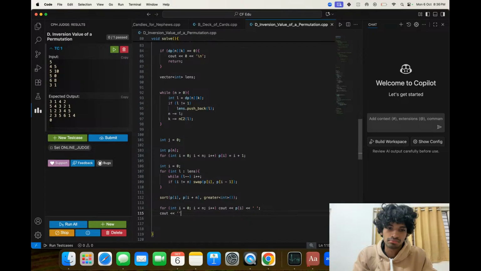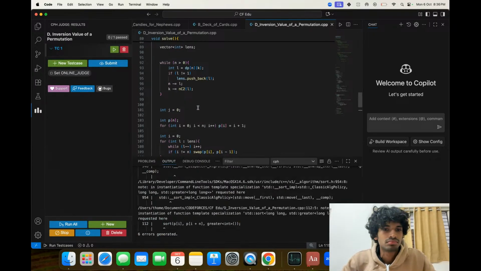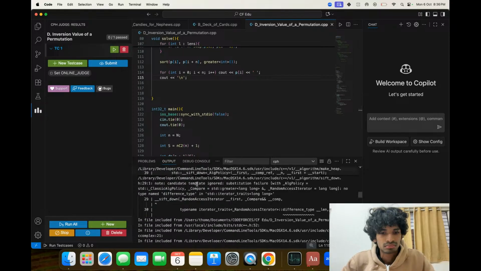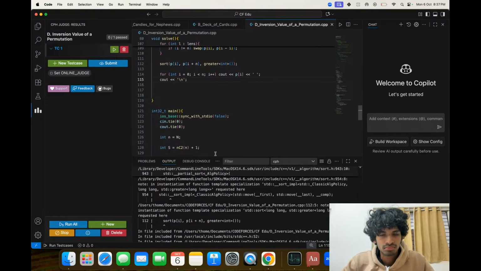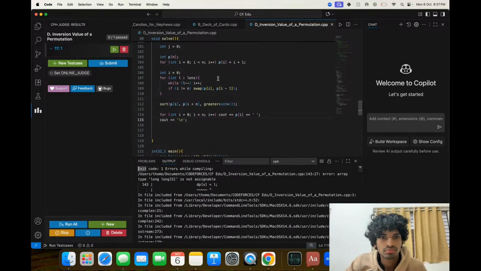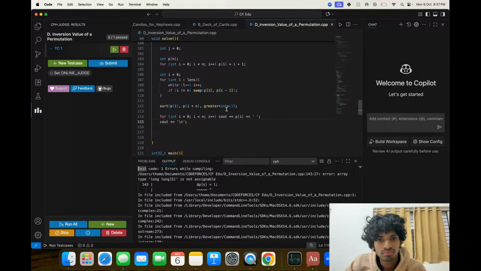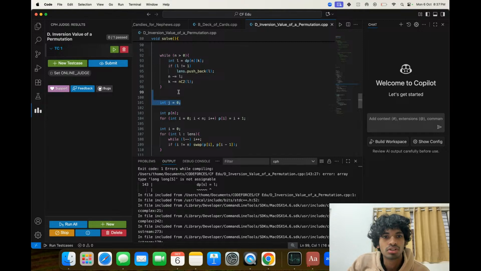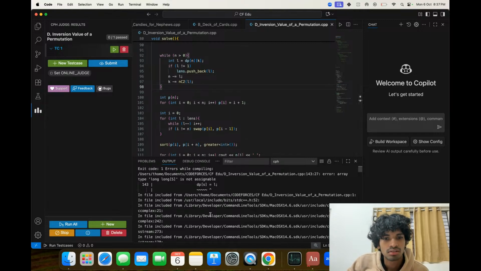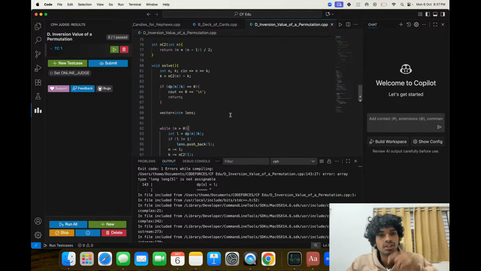I tried using more logic while I can. dp of s equals to l. Where is that?